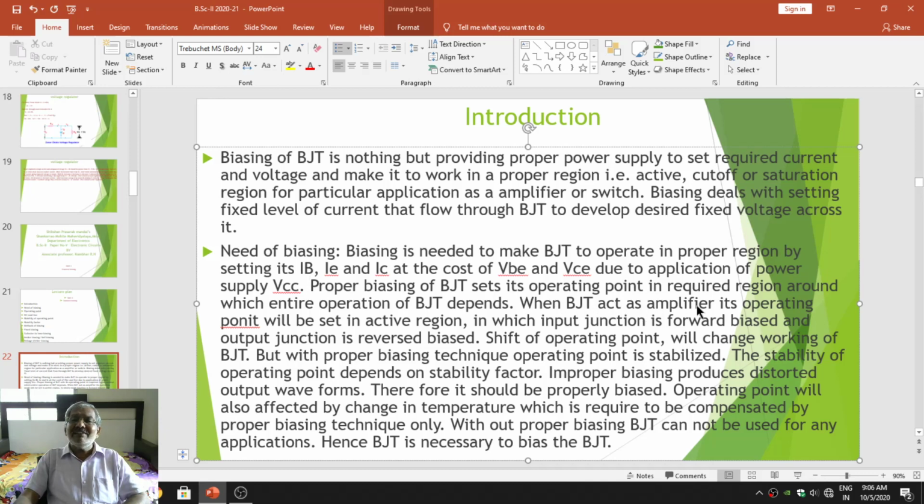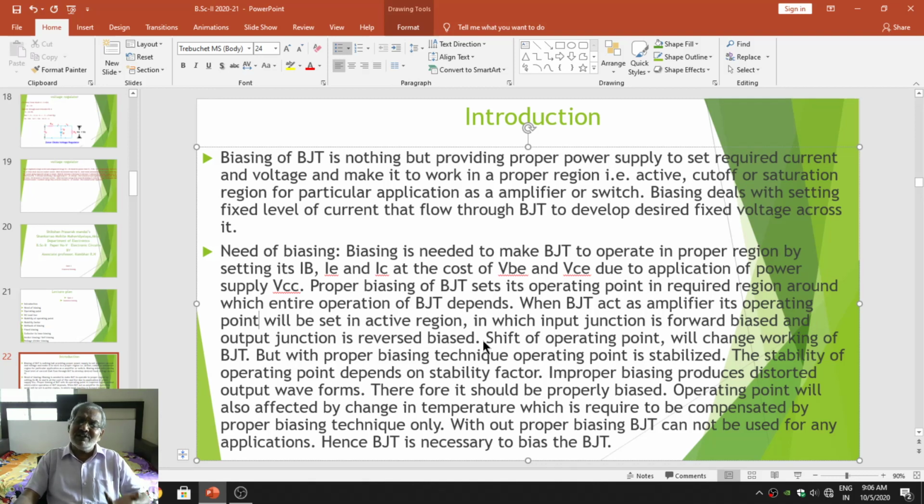When BJT acts as an amplifier, its operating point will be set in the active region. Means to work BJT as an amplifier, its operating point should be in the active region, in which input junction is forward biased and output junction is reverse biased.